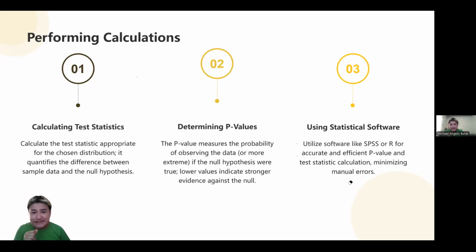And when the p-value is higher, there's weak evidence. So we'll be tackling this when we compute for the p-value of the population, when we test our hypothesis.